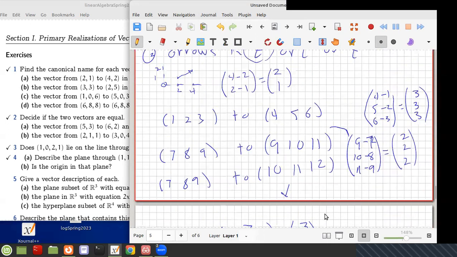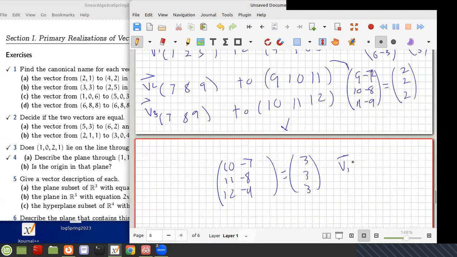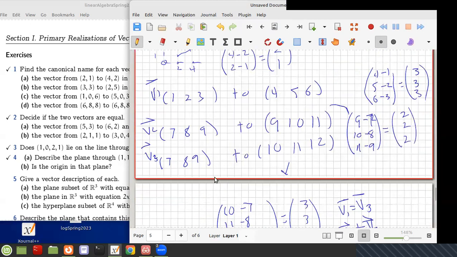So for vectors V1, V2, and V3 here, we'd say that V1 equals V3, but V1 is not equal to V2. So V1 is equal to V3, even though they're in geometrically different places, because these numbers are the same. It's just like in 3-dimensional space: they go over a certain x, a certain y, a certain z.